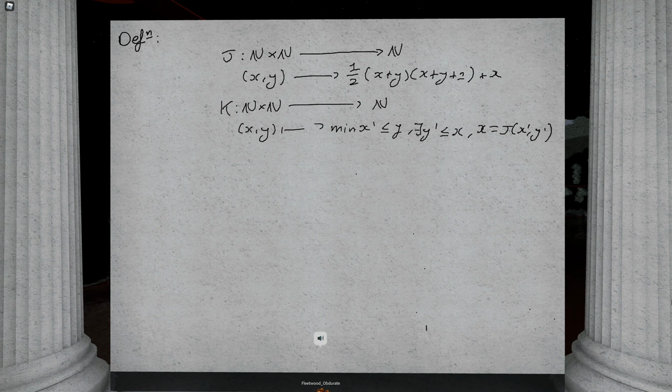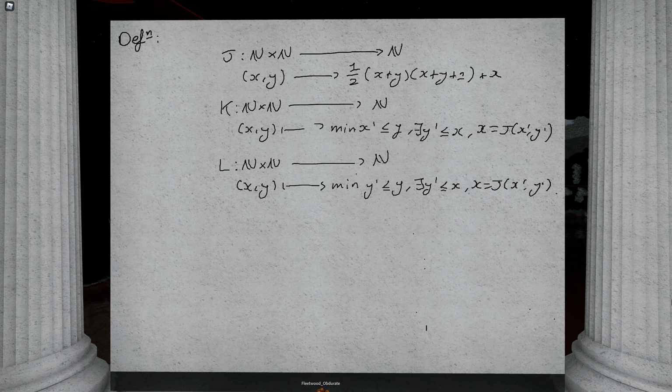A similar one exists for the y value. We'll call this L. And this is just the minimal y prime. Okay, so we define these, and then the lemma is that J is injective.